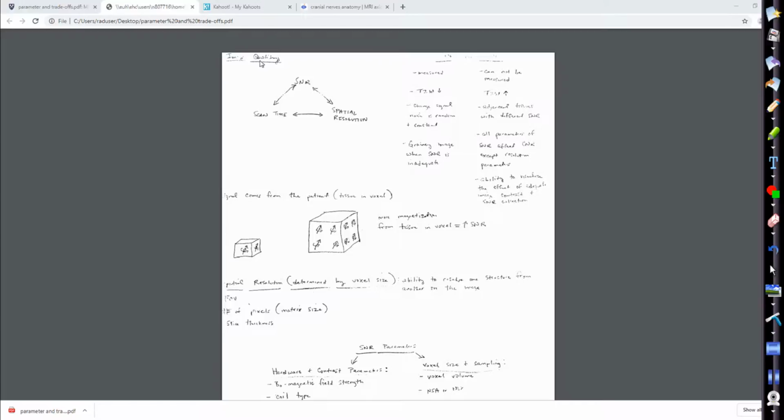Usually when our signal goes up, our spatial resolution goes down. And sometimes our scan time has to be adjusted depending on the patient, whether they can hold their breath or not, whether they're in pain or not. So you have to be able to adjust these things and think critically of how we manipulate these parameters to get the best image quality for that type of patient.